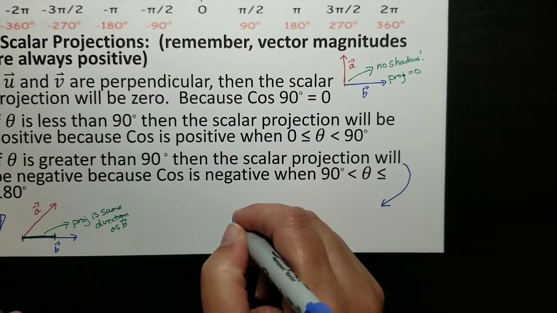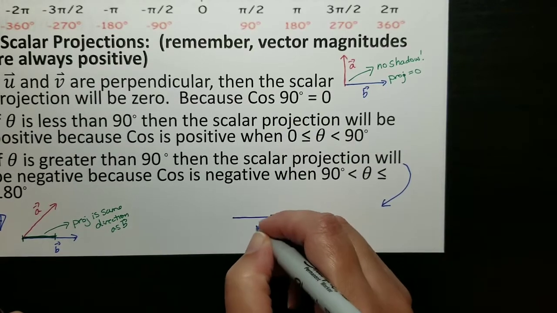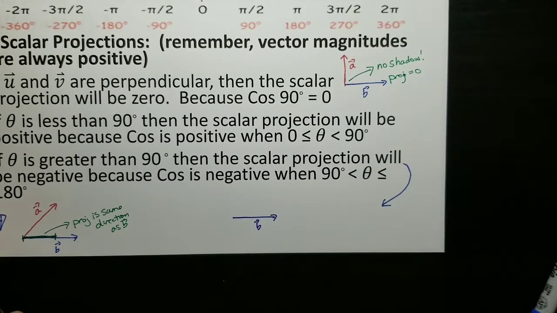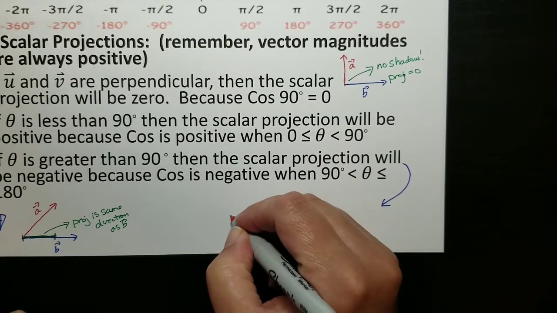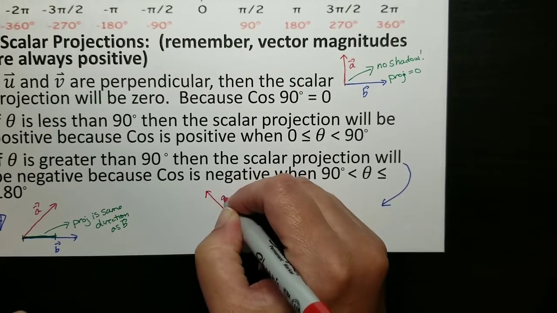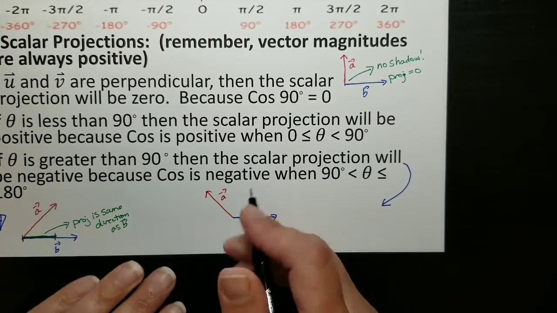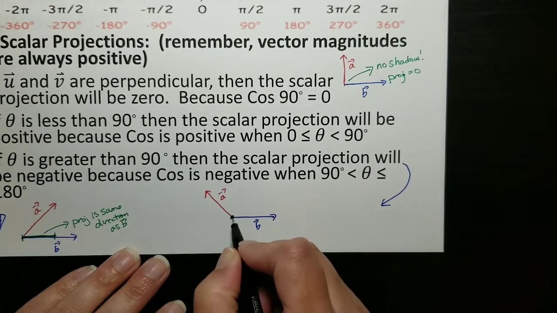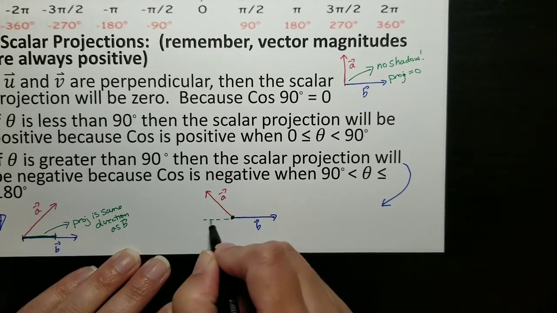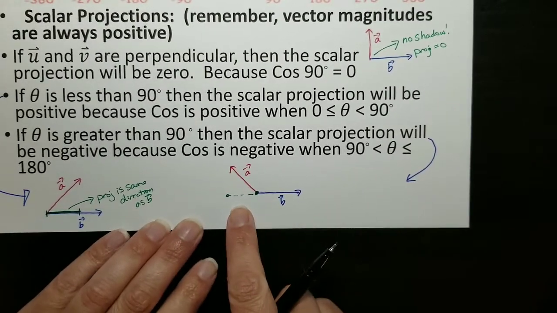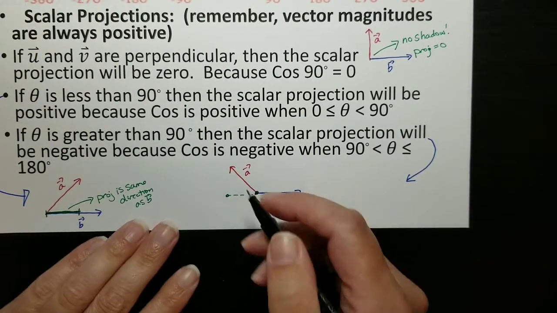So if we had something like this, here's B, and then A would be out here. Now my projection is actually back here. So the projection is measured on the other side of B.